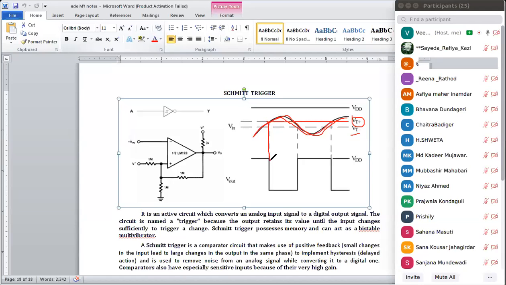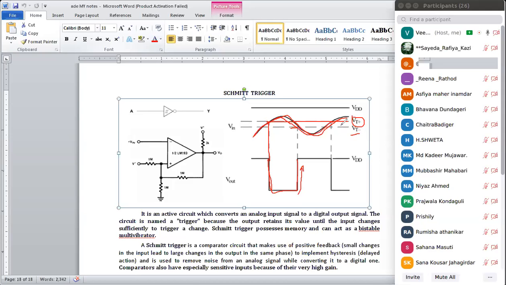The amplifier has been triggered, so the output will go either positive or negative. Now it continues with the square wave. Then when it comes back again, at this level, Vt minus.